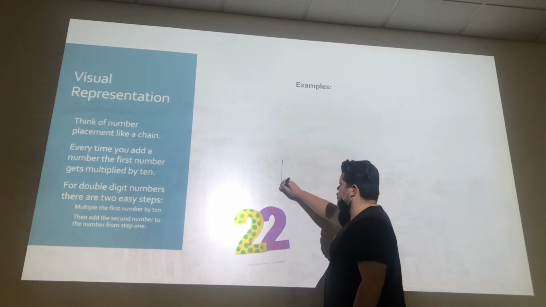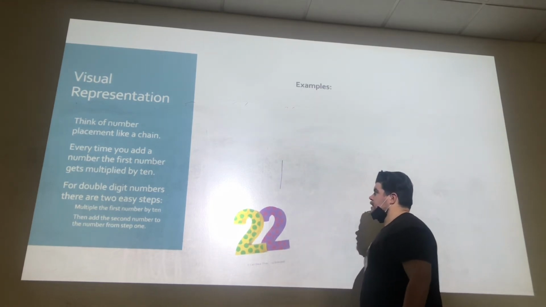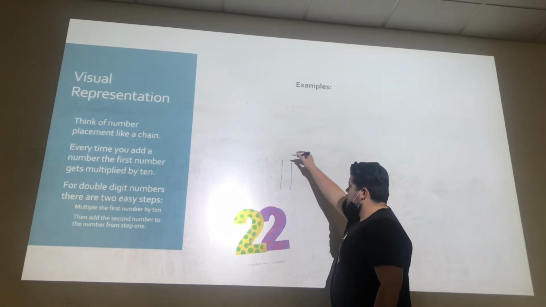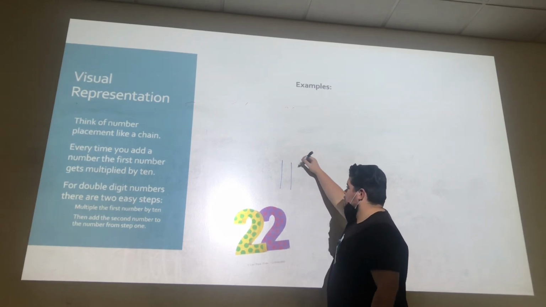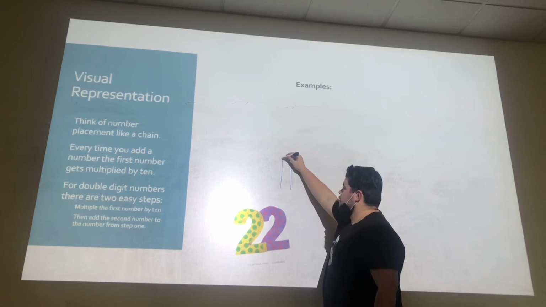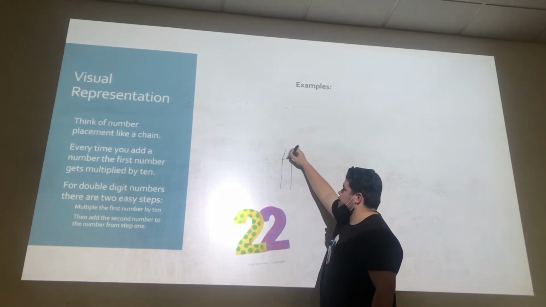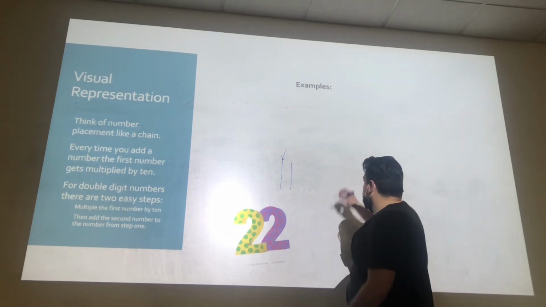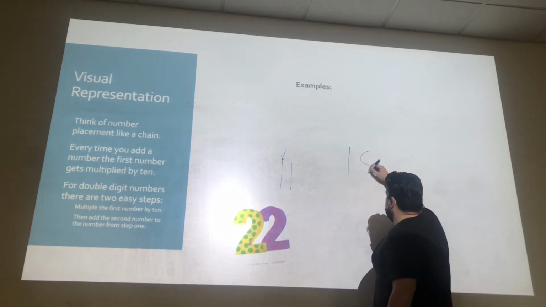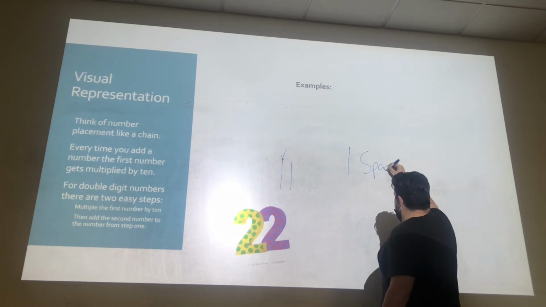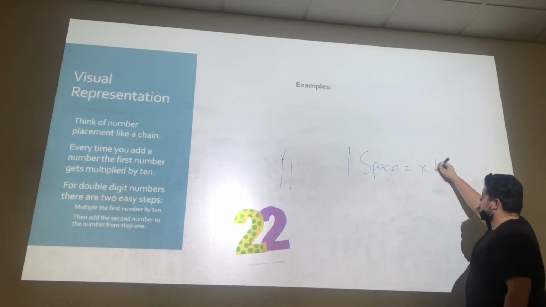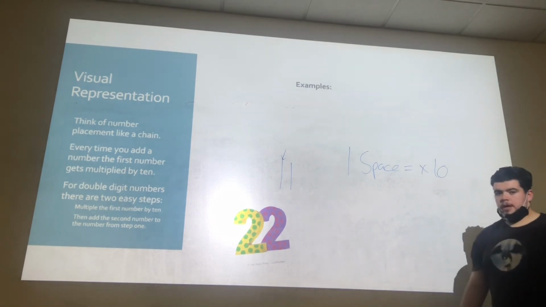So when we have 1 here, if I add 1 here, this number has moved out one space, okay? This number here has moved out one space, and one space is equal to multiplying by 10. Okay?